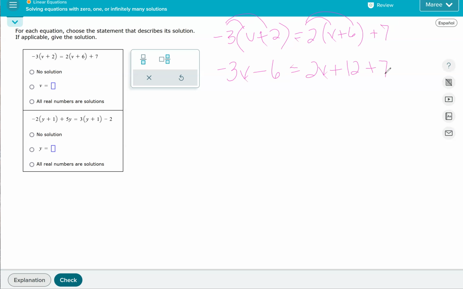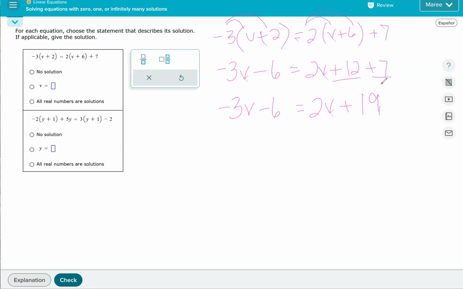Then we're going to combine like terms. The only like terms are this +12 plus 7 on the right side of the equal sign. So the left side stays the same, and we have 2v, and 12 plus 7 is 19. Now, this is the way I like to arrange the term with a variable on it.